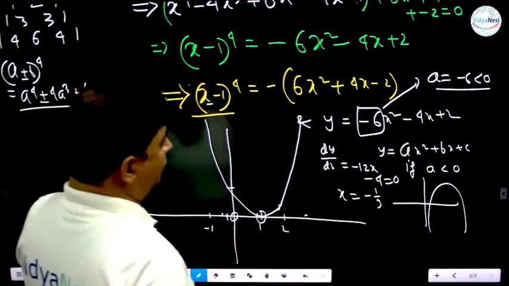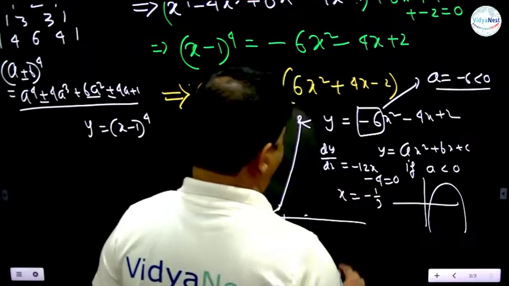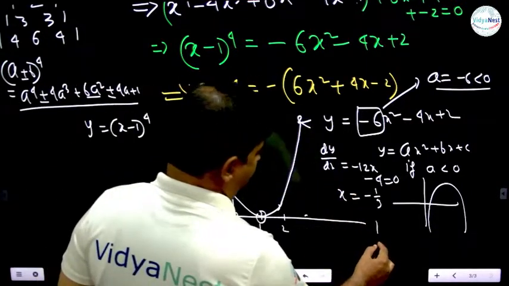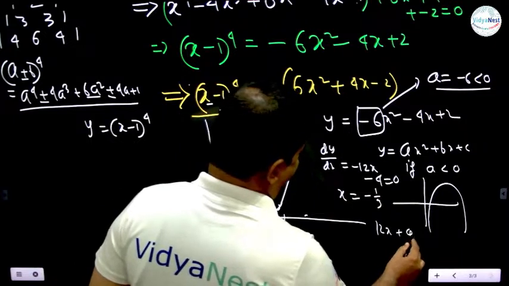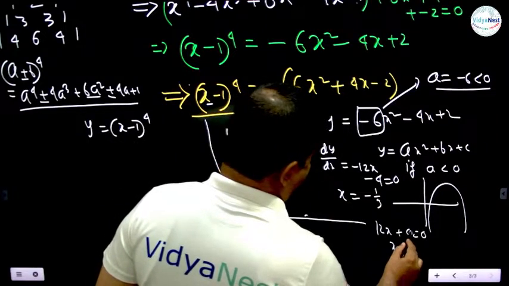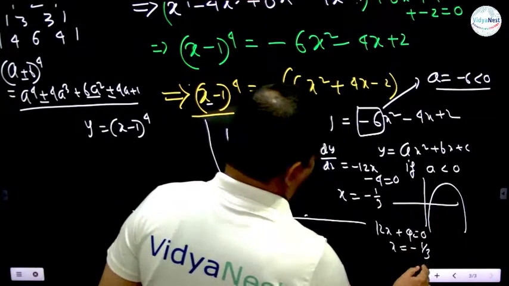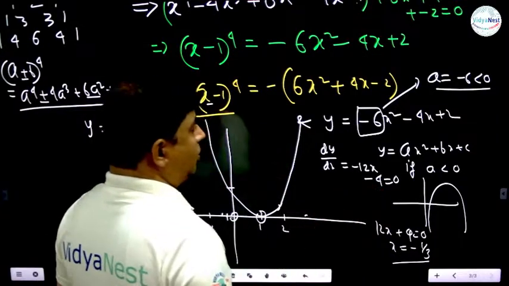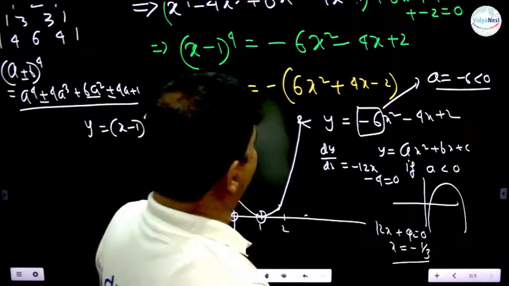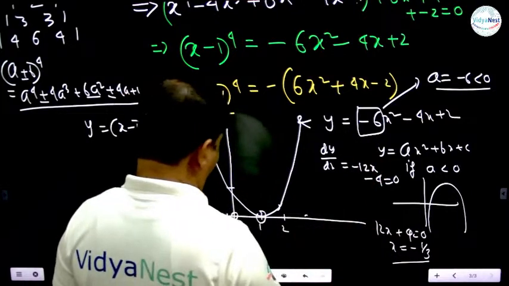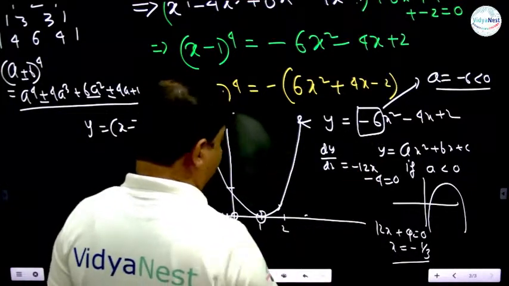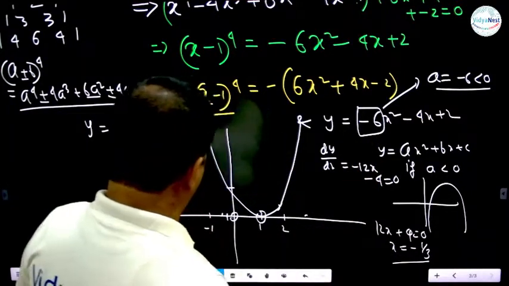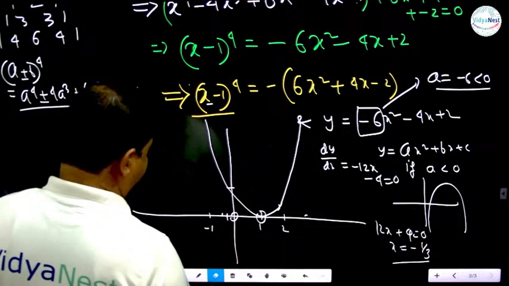If you put minus 1/3, I think so. You see, 12x plus 4 is equal to 0, x is minus 1/3. So if I put minus 1/3 in this equation, I will get what? This is the point of symmetry, minus 1/3.